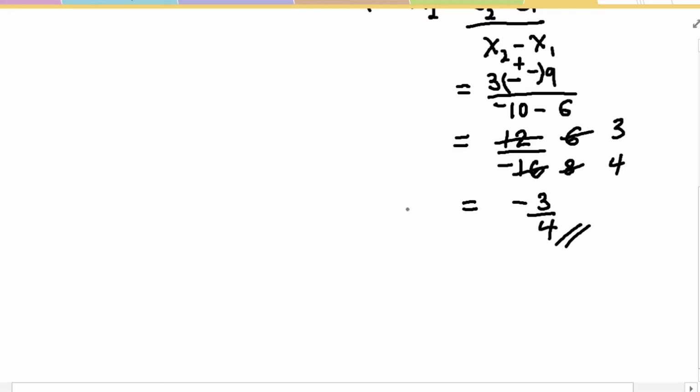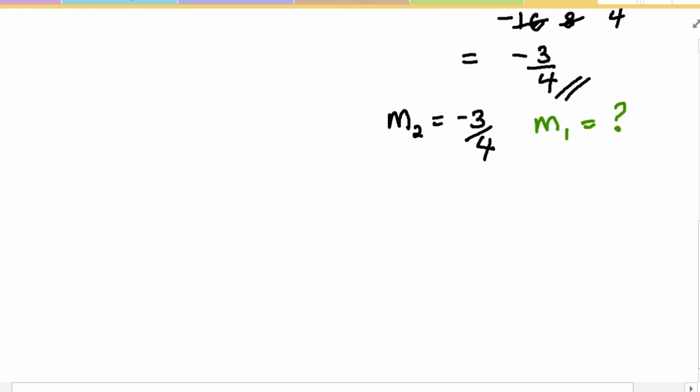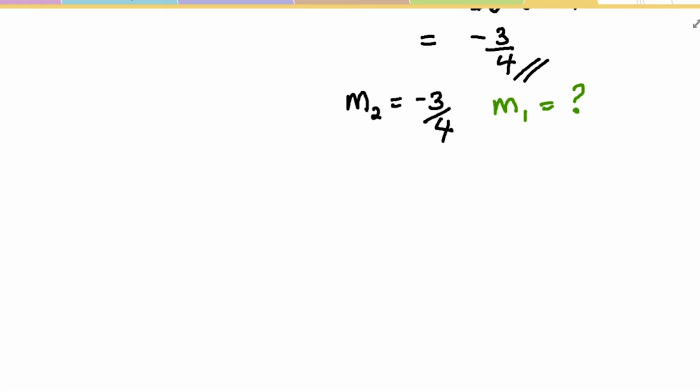So the gradient of the black line, M2, is -3 over 4. Now what is the gradient of the green line, which we are calling M1? Now remember, like I said, when you multiply the two gradients, they're supposed to give you -1.